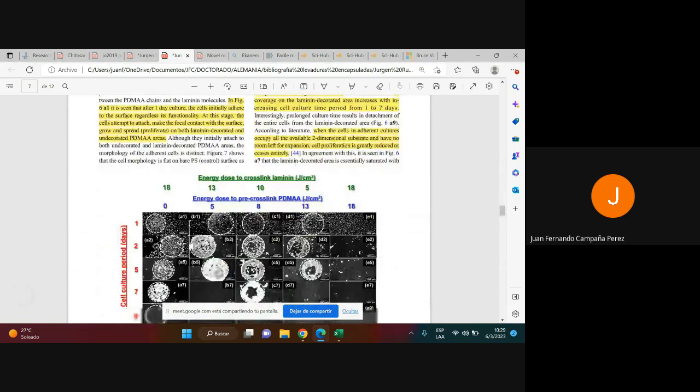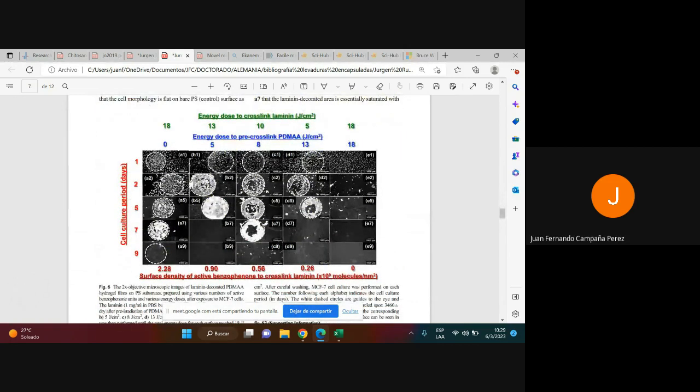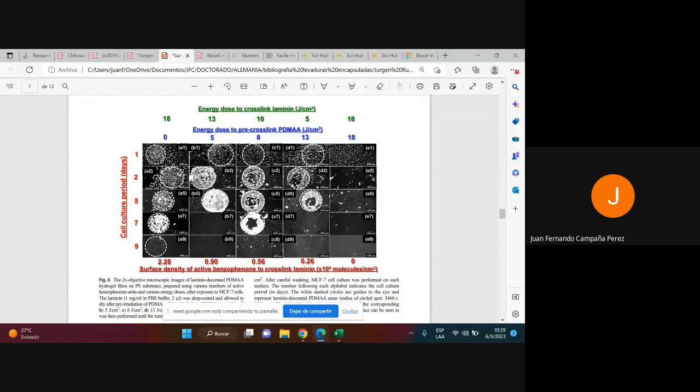So they show in this other illustration the assays performed during 9 days at different surface densities of active benzophenone to cross-link the protein laminin, and the energy dose to cross-link the polymer PDMAA and the laminin.